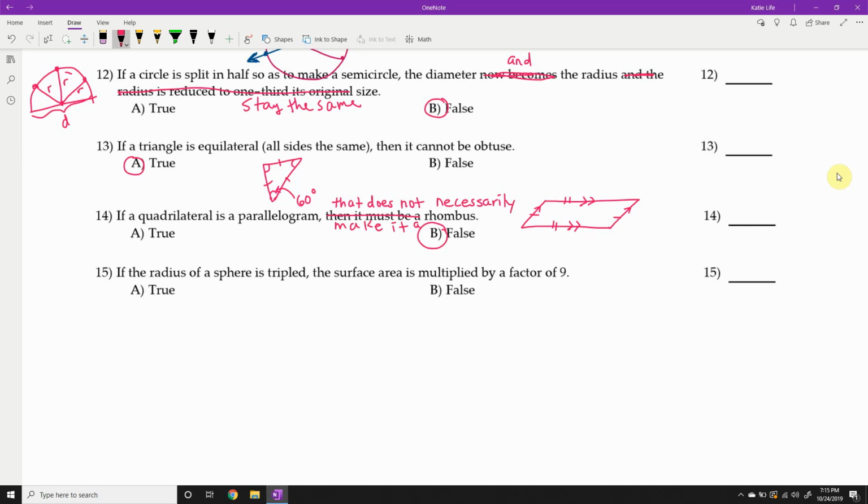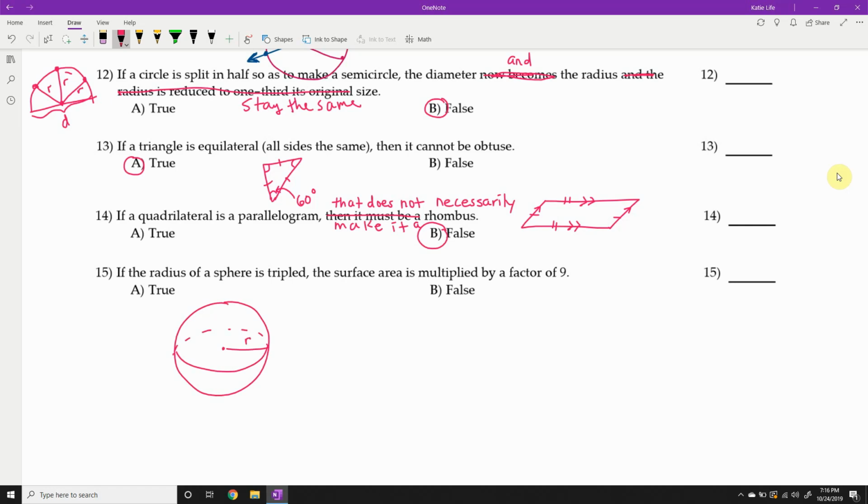Number 15, if the radius of a sphere is tripled, the surface area is multiplied by a factor of 9. If the radius of a sphere is tripled, well, let's think about what that would be. There's our sphere.